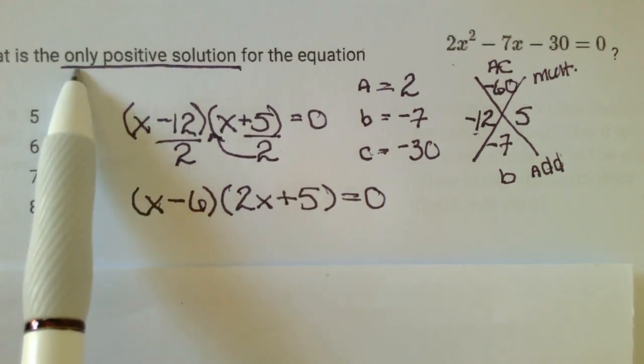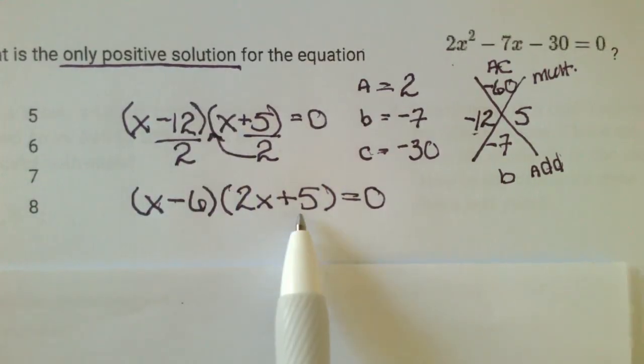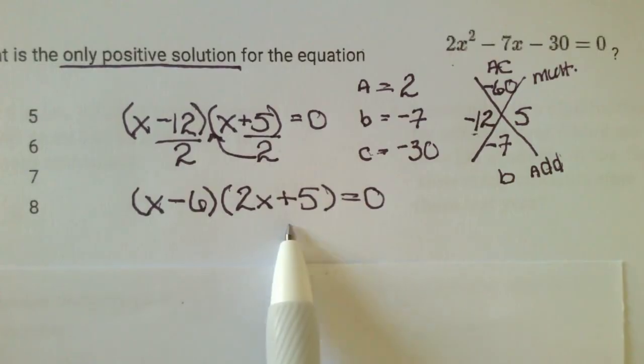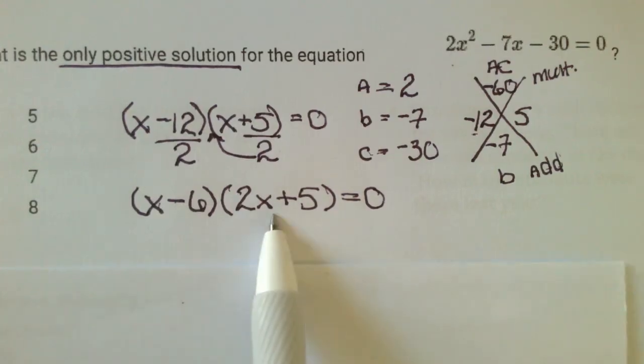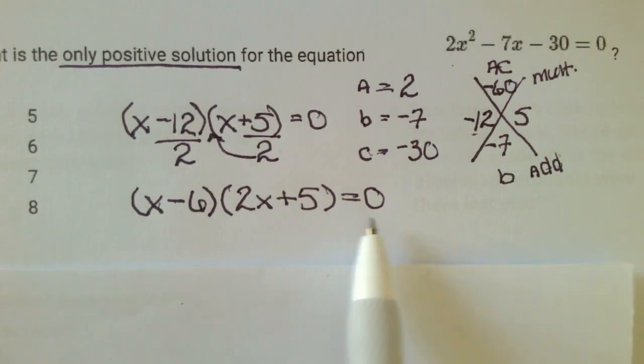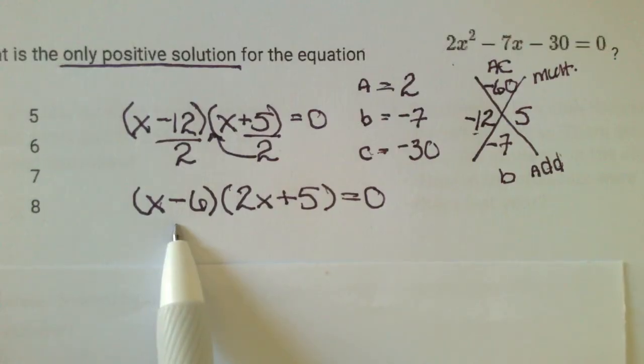But they want only the positive solution. If I did this one, I would have to subtract 5 on both sides, so that's going to give me a negative number, plus it's not going to give me a whole number. So it looks like I just need to focus on this parenthesis here.